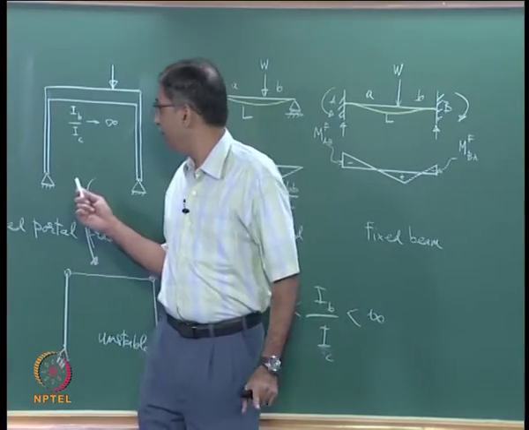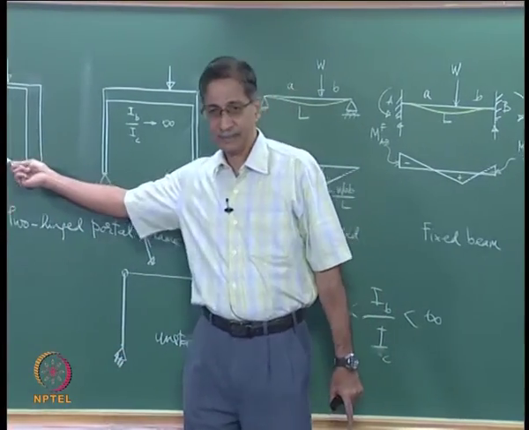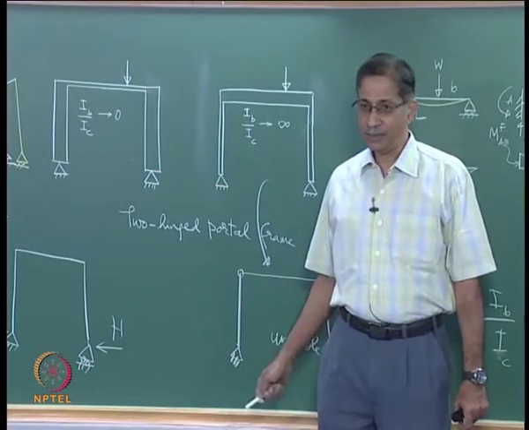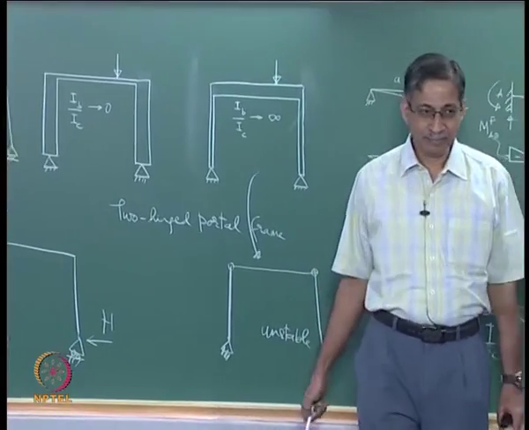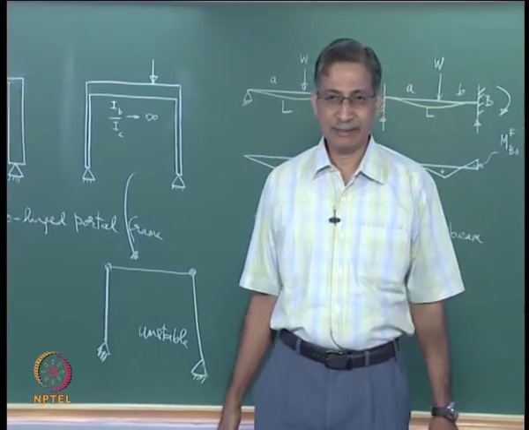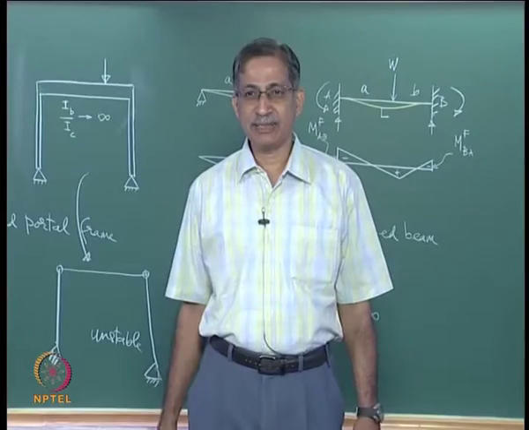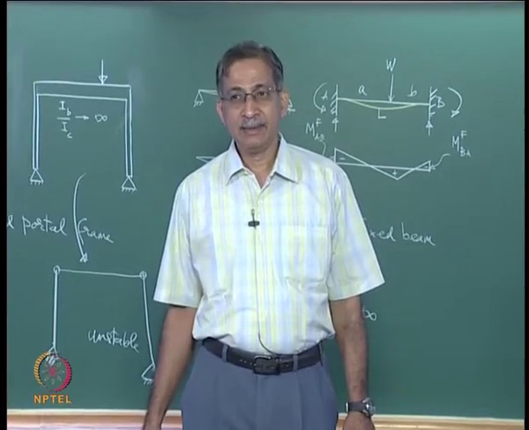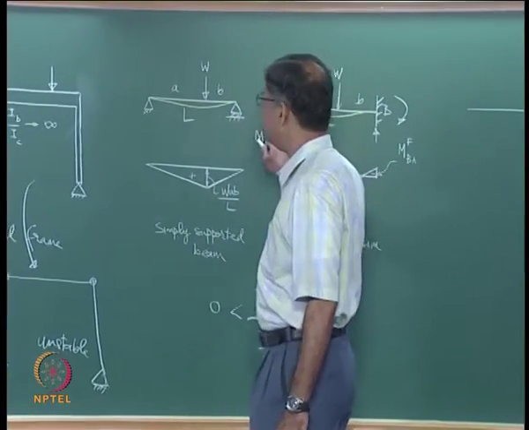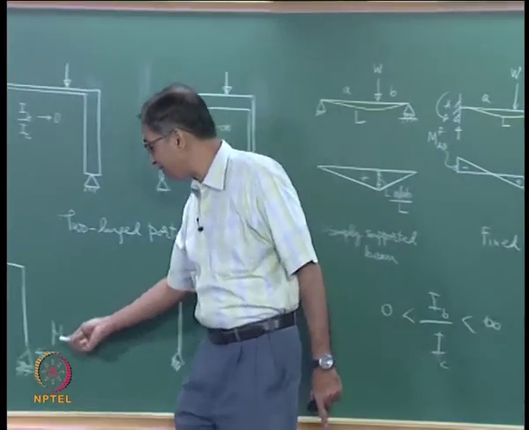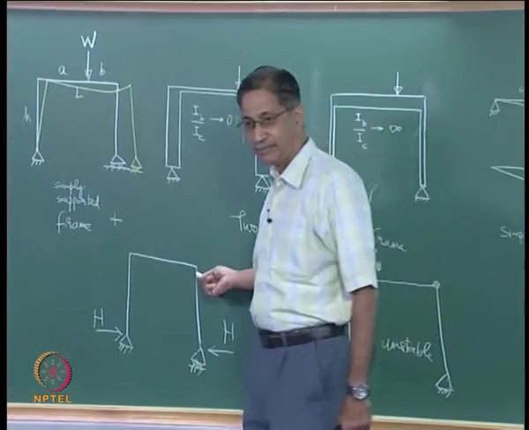Would this also simulate that behavior, or will there be a small difference? What is the difference? And that is a crucial point to note. They have to be equal. Yeah, these two moments have to be equal in this situation because that is nothing but H into h, right.